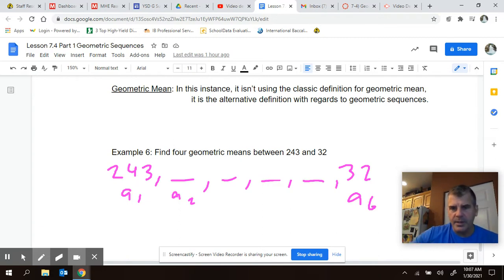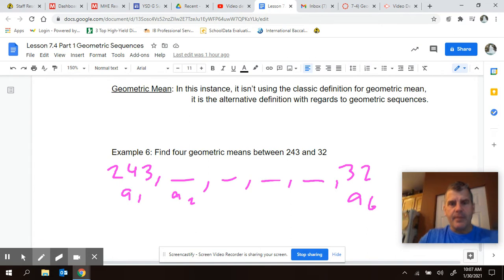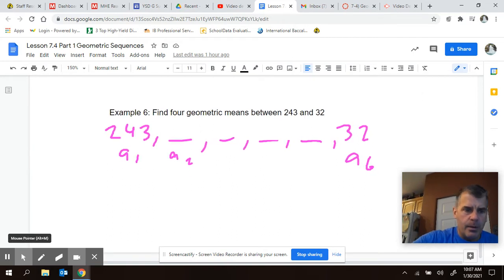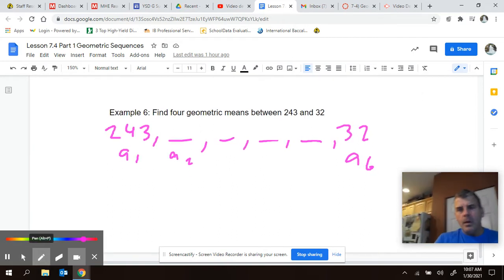So really, we're going to set up, I guess you could think of it in terms of a system of equations to solve this out to find that common ratio. Here's how that goes. We know that the 6th term is 32.